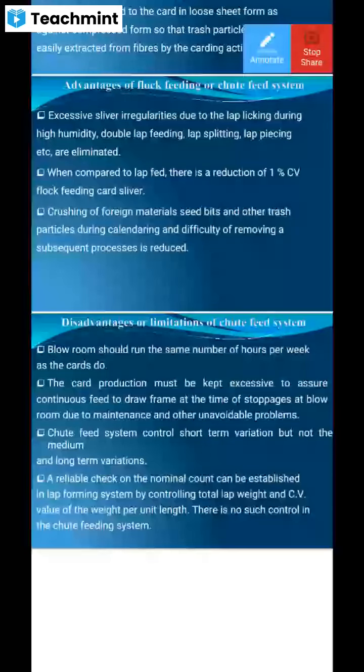That means faults below 10 centimeters are controlled by the chute feeding or flock feeding system, but not the medium term. That means 11 centimeters to 100 meters faults, the chute feeding system never controls. Like this, you understand. And the long-term variation, as well as kilometer length, faults occurring frequently every kilometer are also unavoidable by the chute feeding system. Chute feeding system concentrates only on the short-term variations.